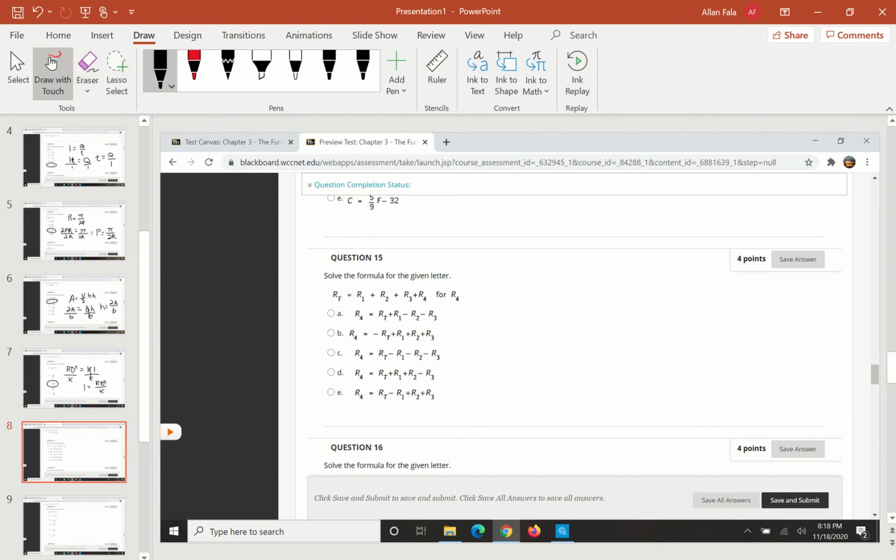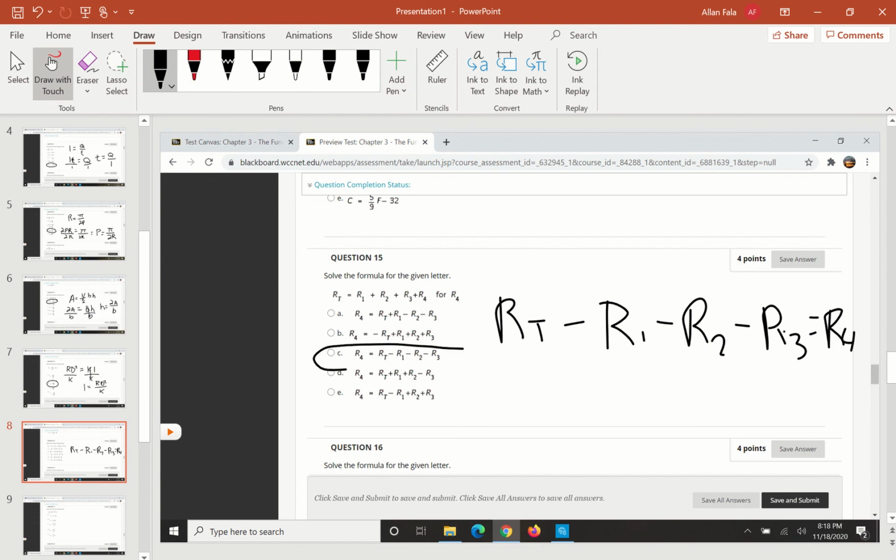What we're actually going to do is take RT minus R1 minus R2 minus R3, and then that leaves on this side just R4, and that is this answer right here. R4 is equal to RT minus R1 minus R2 minus R3.